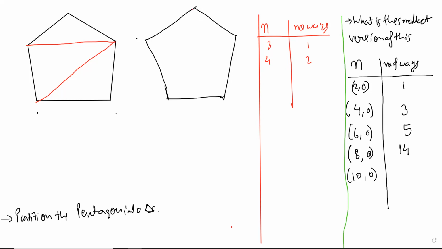Right. That's right. In that way, we are getting 5, right? Because you can do this and you can do so on. This, and we can just draw one more. Yeah, so that is 5. That's right.